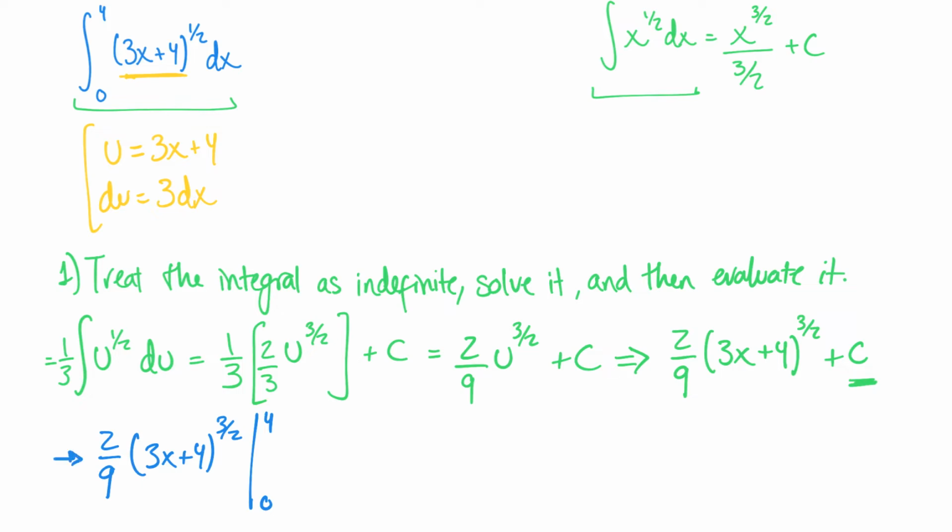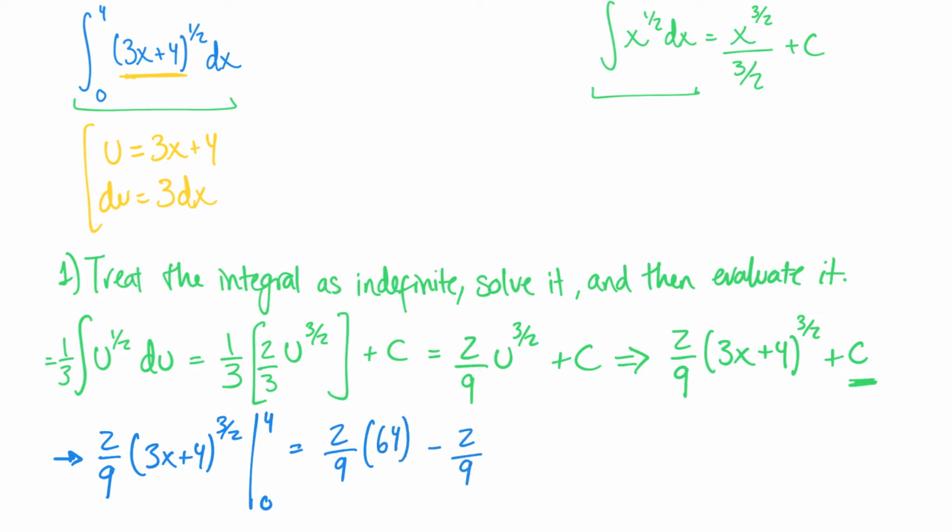So I solve the indefinite integral first, and then I substitute. So this is going to be 2 over 9. 3 times 4 is 12, plus 4 is 16. Square root of 16 is 4. 4 to the power of 3 is 64.